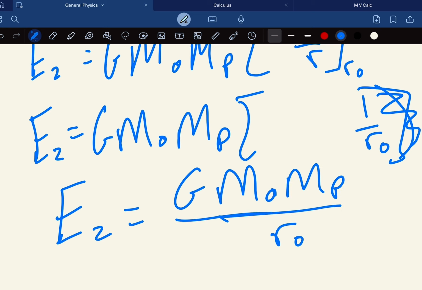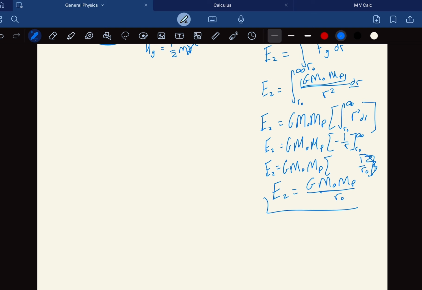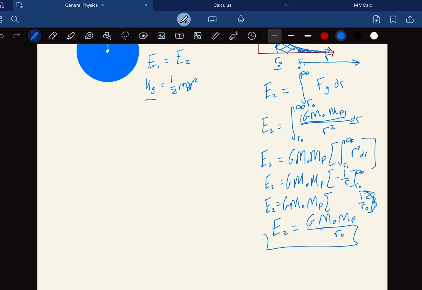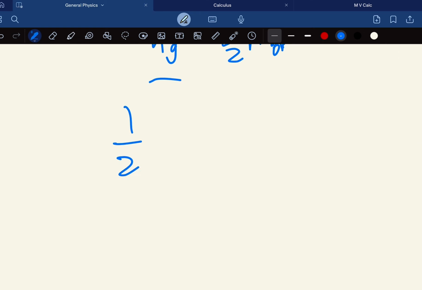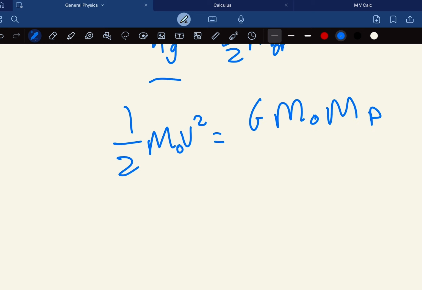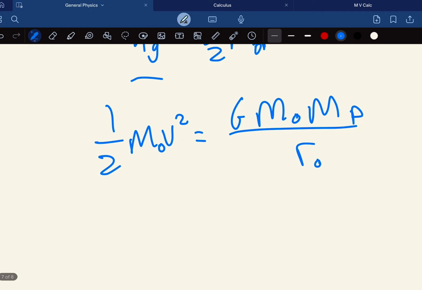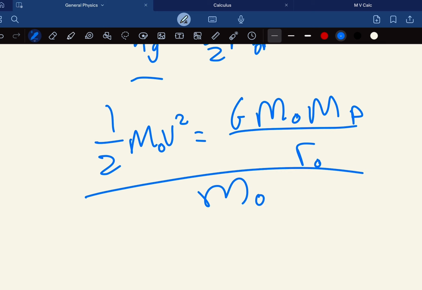Now, let's use this as this right here. So we know that 1/2 mv squared, so the kinetic energy at the beginning, is equal to G Mo Mp, this is Mo by the way, over r naught, which is our potential energy at the end. So this is a conservation of energy equation. We have the mass of the object on both sides, so we will divide by Mo on both sides, which cancels out here, here, and here.